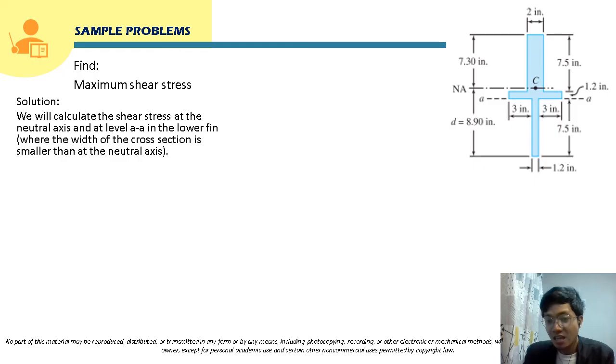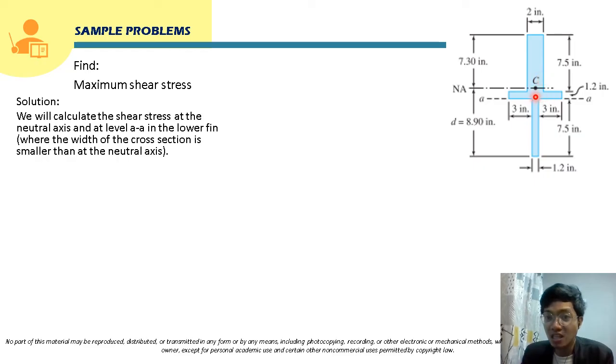Okay, so in this case, class, we are going to compute the shear stress dun sa neutral axis. Tapos, class, we are also going to solve the shear stress doon sa point na yung t ay maliit. Mas maliit kaysa dun sa t dun sa neutral axis. Yung t kasi, class, dito sa neutral axis, 2 inch. So, hanap ka, class, ng point dito sa section natin na mas maliit yung t kaysa dun sa t dun sa neutral axis.